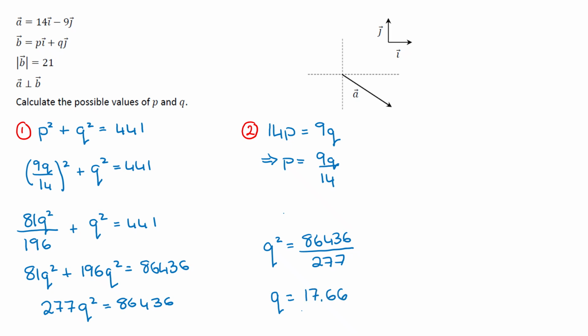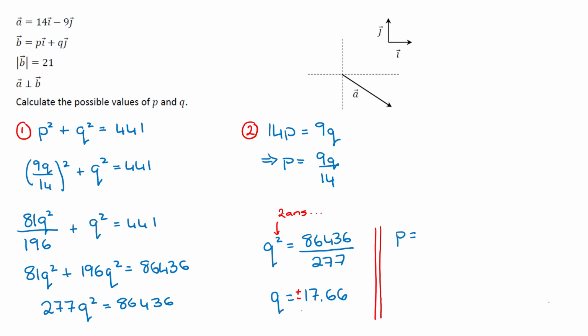17.66. Now, we said we wanted two answers, so where are the two answers coming from? Because we have the squared, remember our rules from maths, so power 2 means there's always two answers. So where are the two answers coming from? Well, you need to put a plus and minus in front of both of those when you're doing your square root. So please bear that in mind.